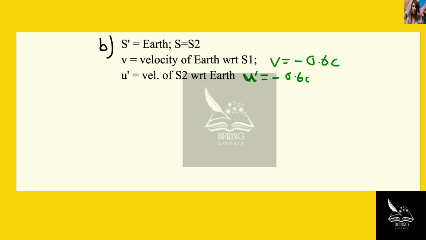So anyway, writing these down, you get U equals negative 0.6 C minus 0.6 C, because we just added a negative 0.6 C, over 1 plus negative 0.6 C times negative 0.6 C, right, over C squared.